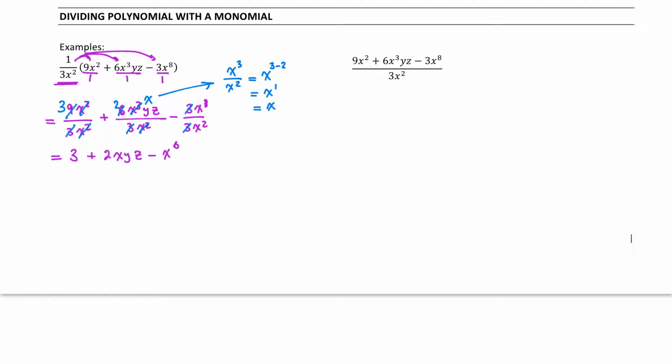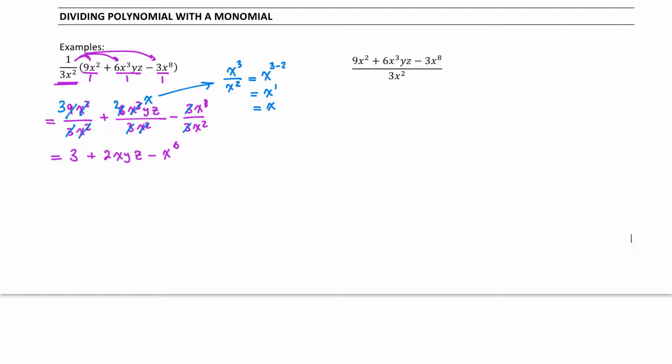So now the reason I put this one down is just to show you that this and this are the exact same way of writing the same expression. So in this case, I have 9x squared plus 6x cubed yz minus 3x to the 8th, all divided by 3x squared.